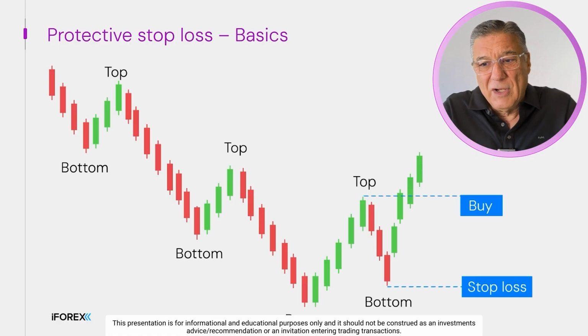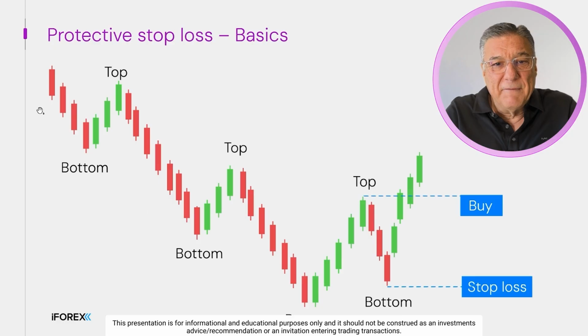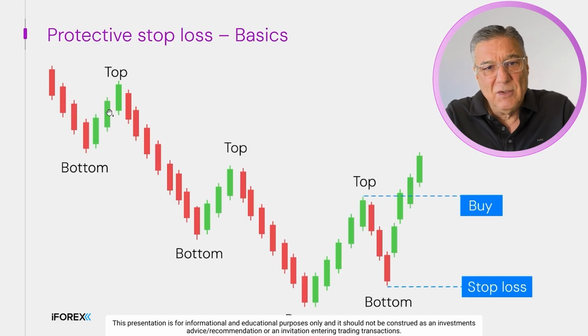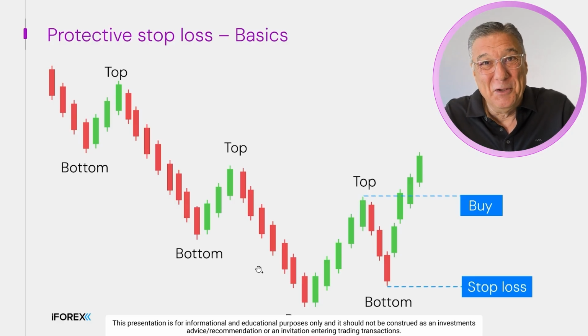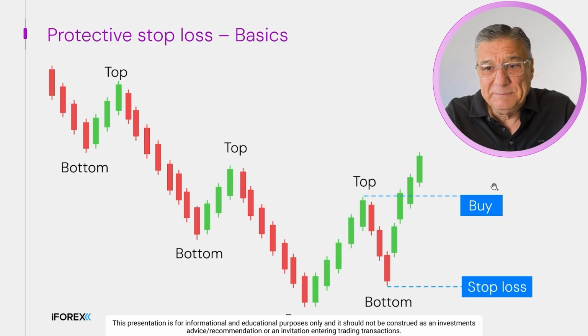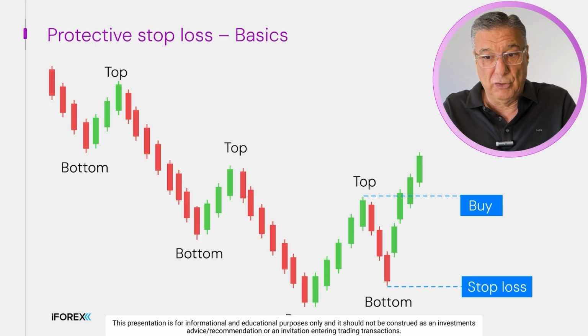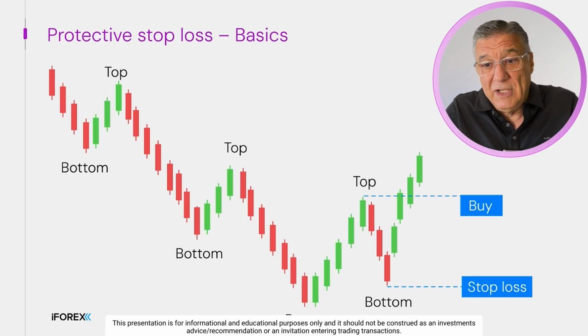So let's talk about the protective stop loss. If we do a very fast chart analysis, we can agree that this is a beautiful downtrend as defined by successively lower tops and lower bottoms. So this is a downtrend. And then we can identify here a reversal as defined by this bottom that failed to go lower than the previous bottom, as it is supposed to do in a downtrend, and then prices surpass the last top.